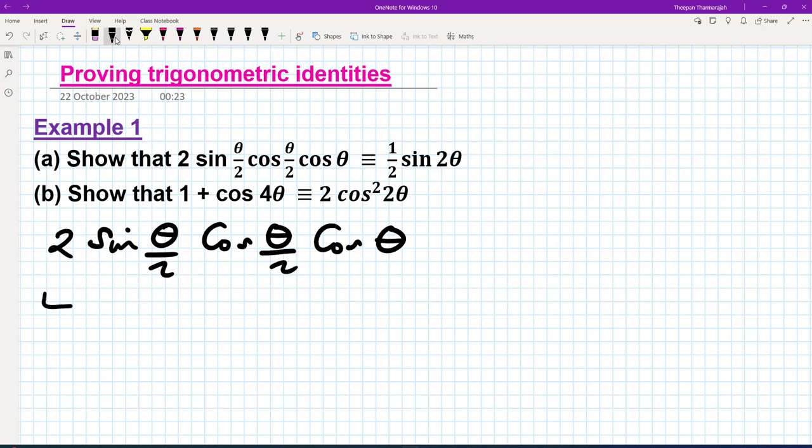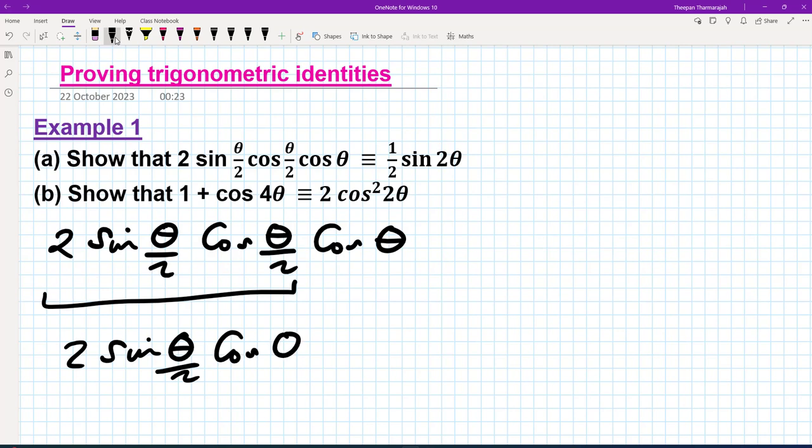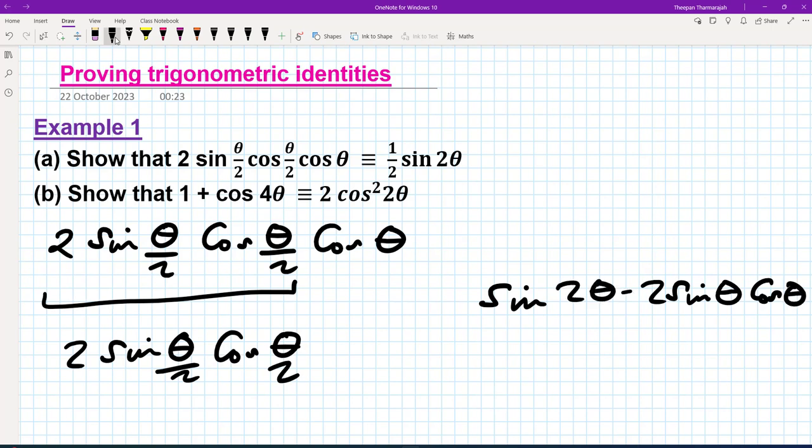So what I'm going to do is just focus on this part and rewrite that here. 2 sine theta over 2 cos theta over 2. Well, there's a well-known trig identity that says that 2 sine theta cos theta is exactly the same as sine 2 theta.